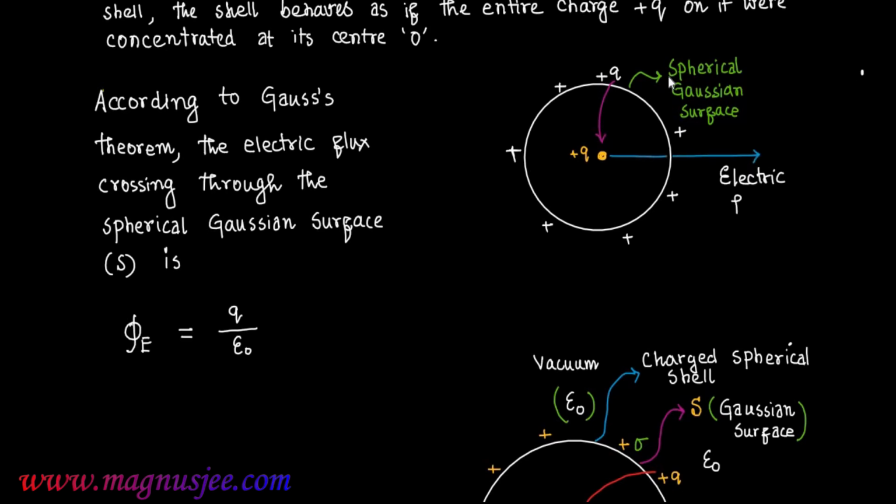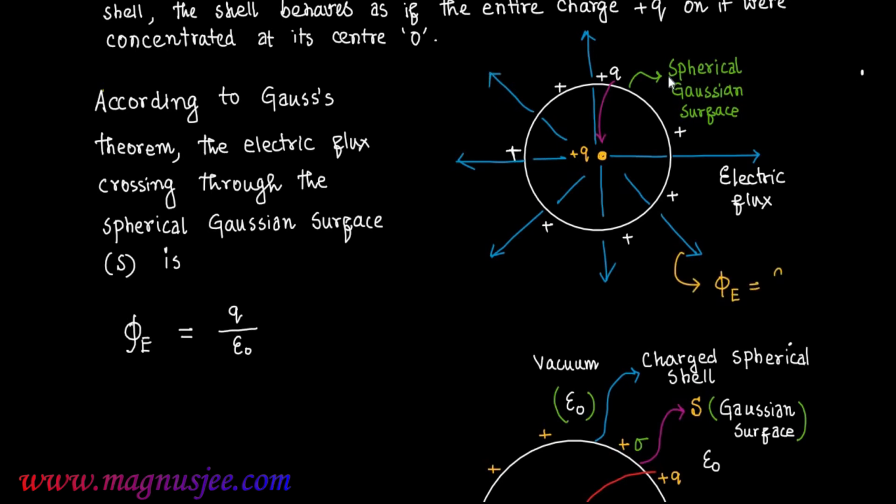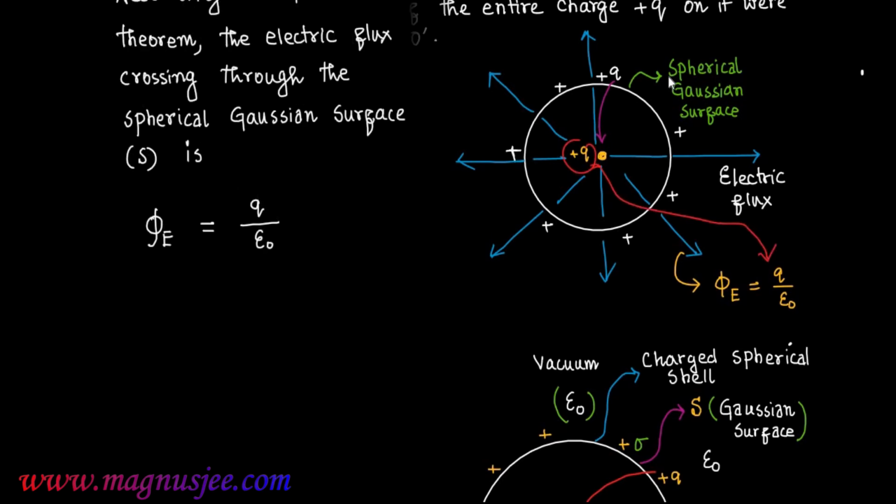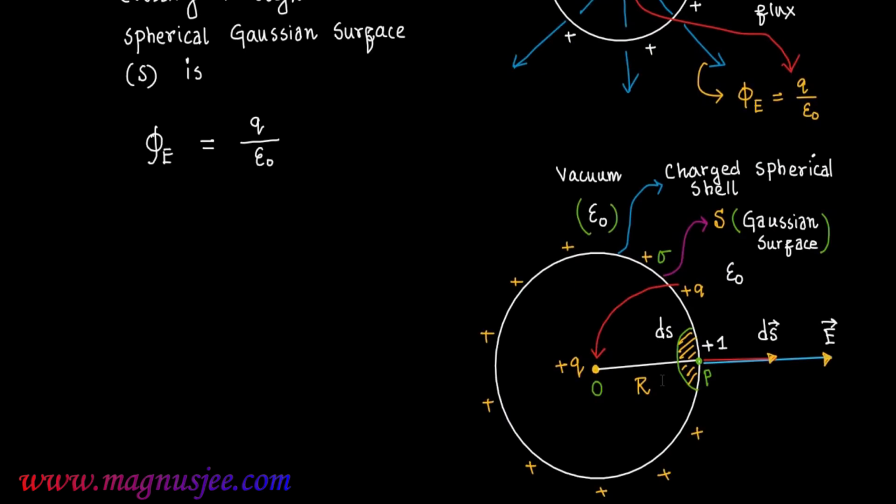Electric field intensity acts radially outwards, and these are the electric field lines radiated from +Q charge, so the electric flux phi E will be Q by epsilon 0.